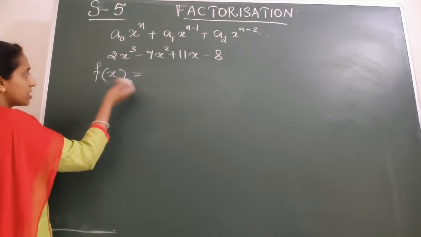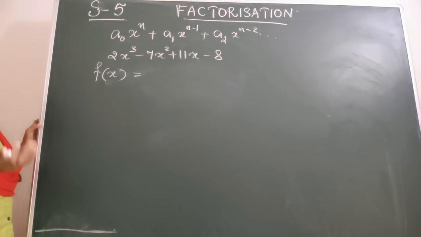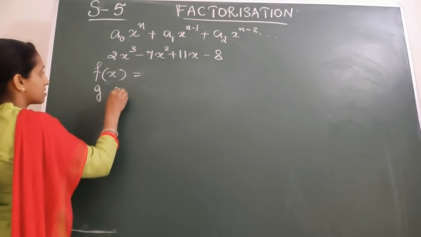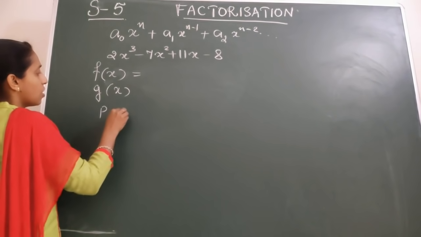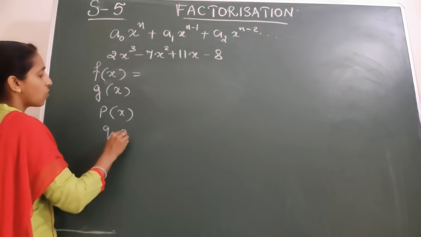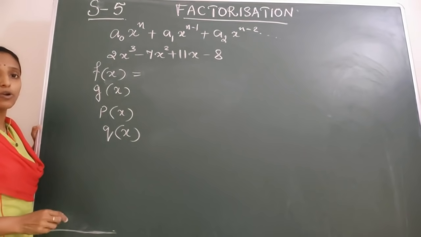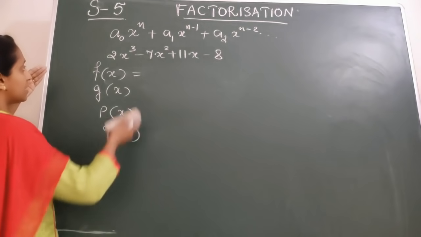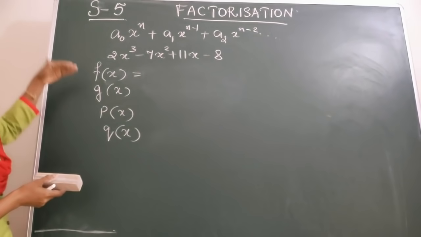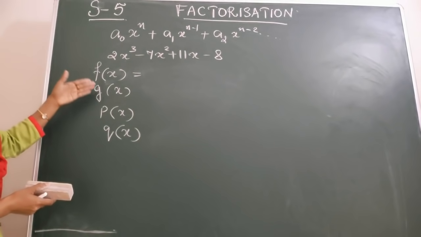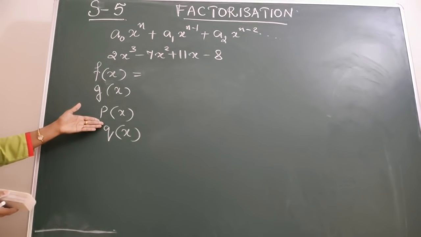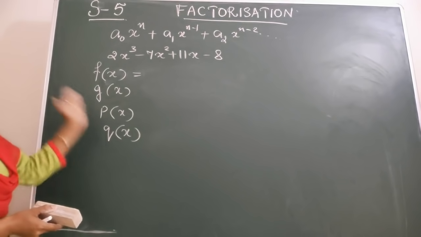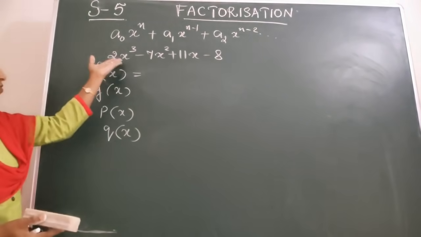Or you can denote it with another alphabet from the English alphabet, that means g of x or p of x or q of x. These all denote the polynomials.